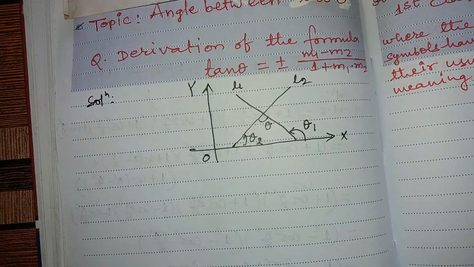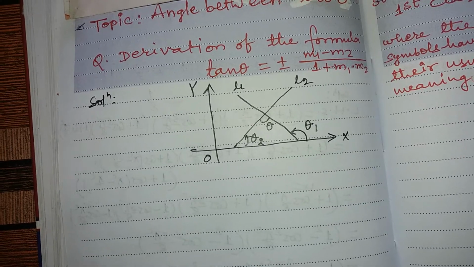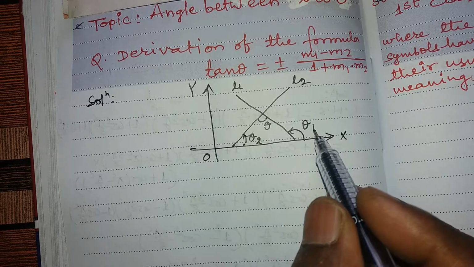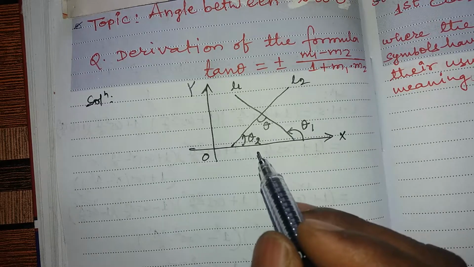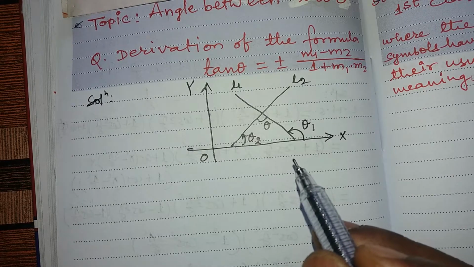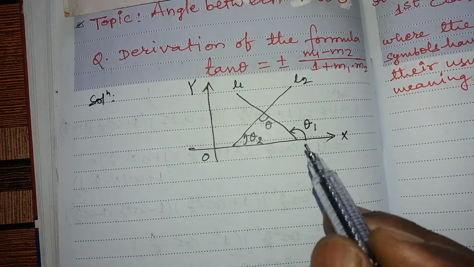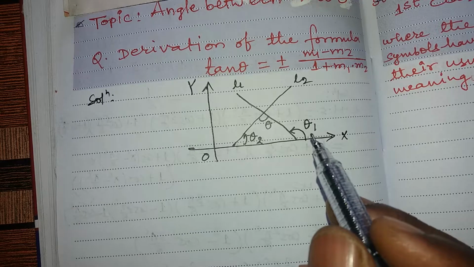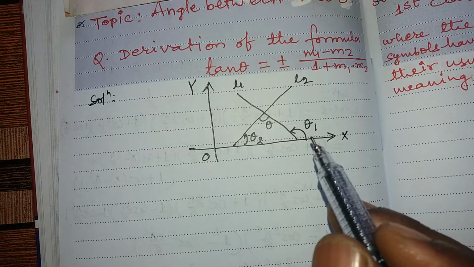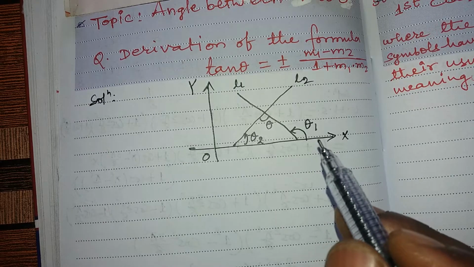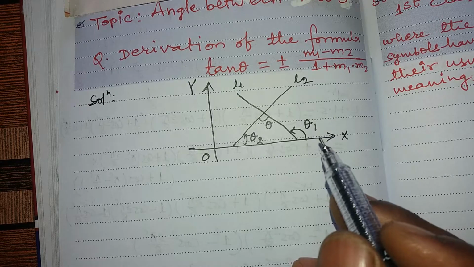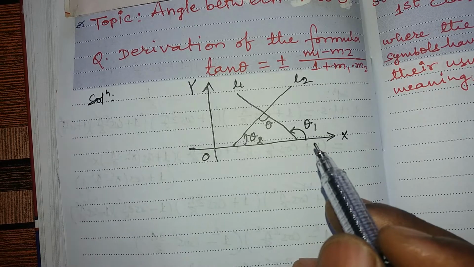Now here we know line L1's angle is theta 1 and L2's angle is theta 2. You know very well that when a straight line makes an angle, if we apply its tangent, that gives the slope of the line. So here L1 is making angle theta 1 with the positive x-axis.